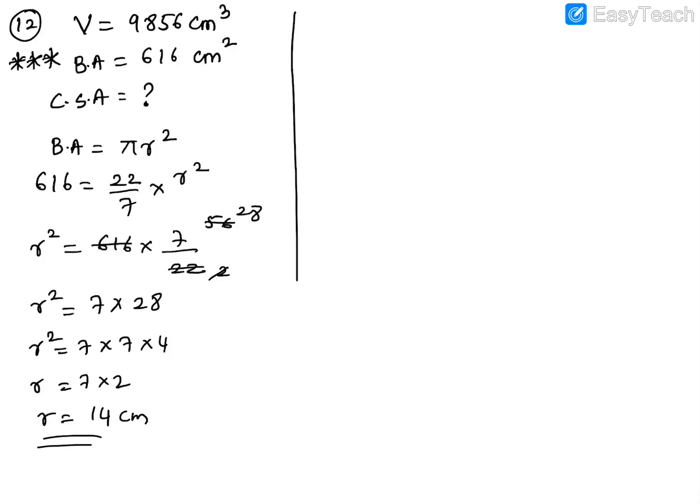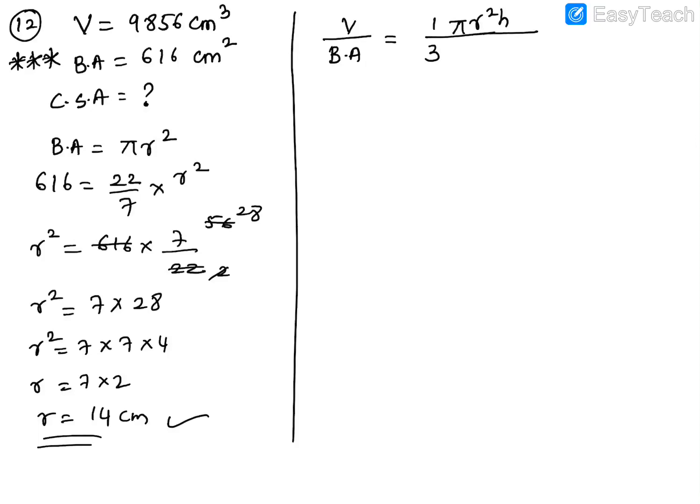Okay, so that's the first part. We got the radius here. Now we need to find out the height. So use the formula of volume. For height, what can we do? We can simply do volume upon base area. Volume is equal to 1/3 pi r squared h.